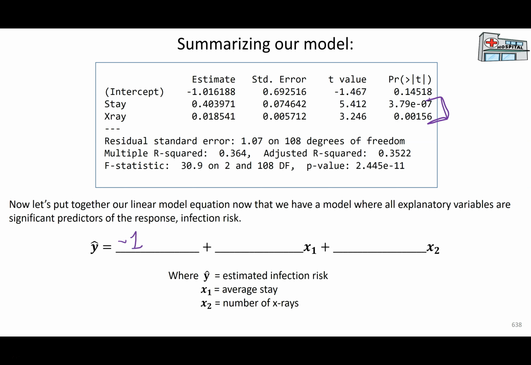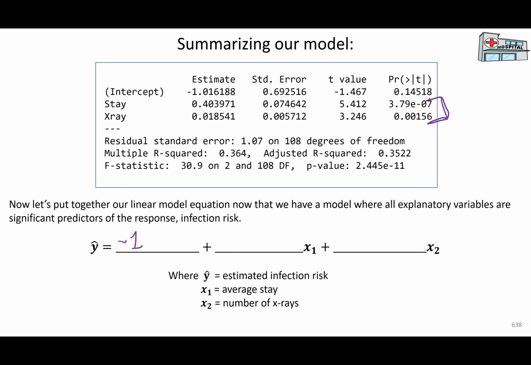Here, it's very important to pay attention to what your labels are. So y hat is the estimated infection risk, x1 is the average stay, so I need to look here. 0.404, if I'm rounding that way, times the stay, plus positive 0.019, if I'm rounding out to 3 places, right there and there.